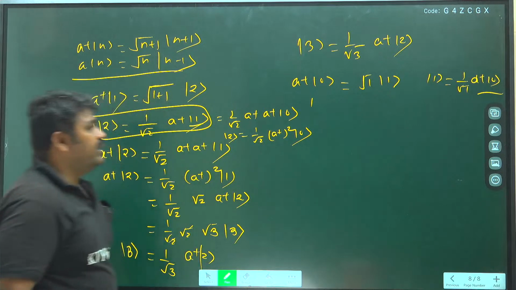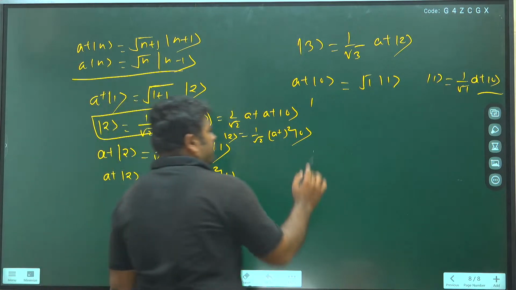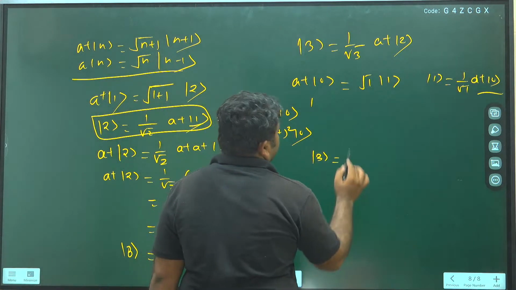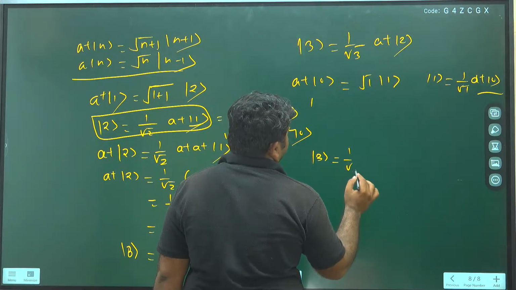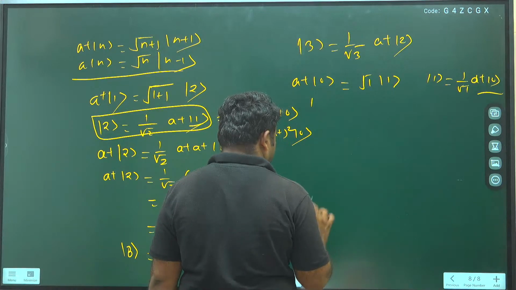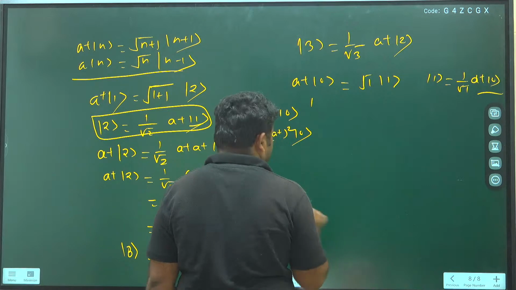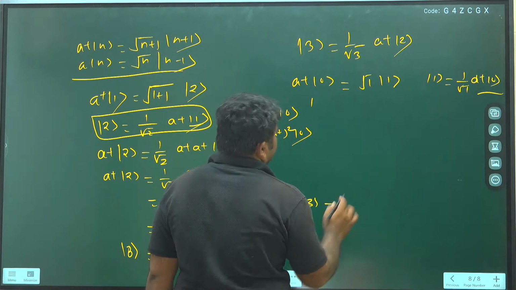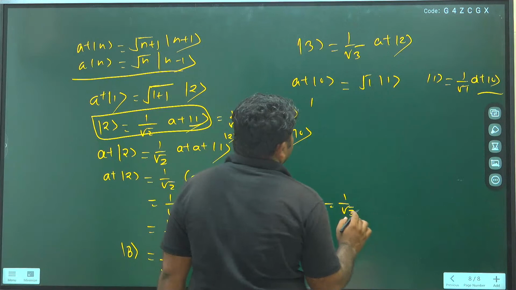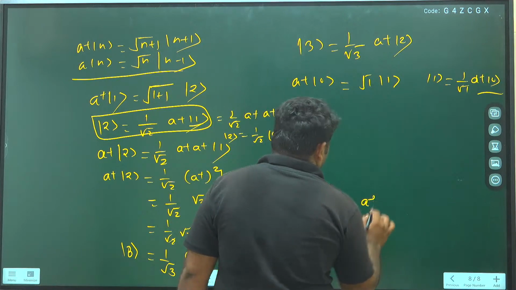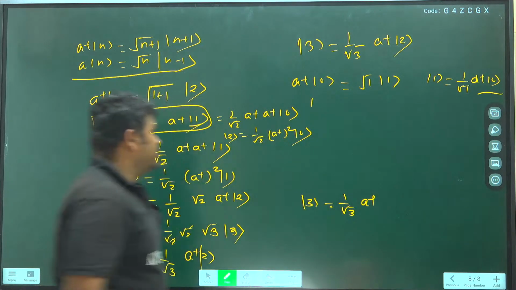When we write ket 3, what is the value of ket 3? Ket 3 is equal to, sorry, we have 1/√3 a dagger ket 2. What is a dagger ket 2?